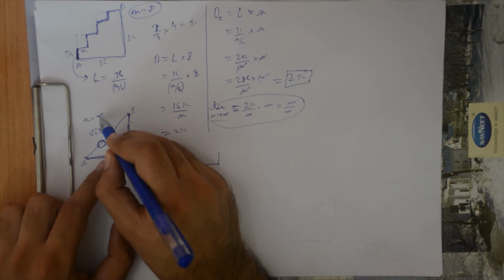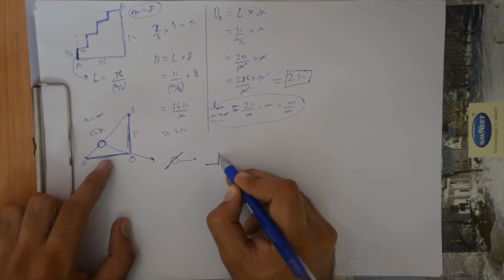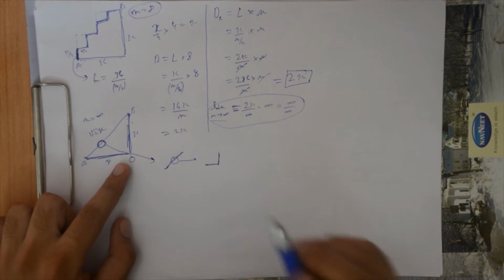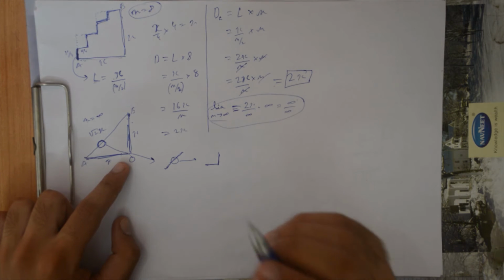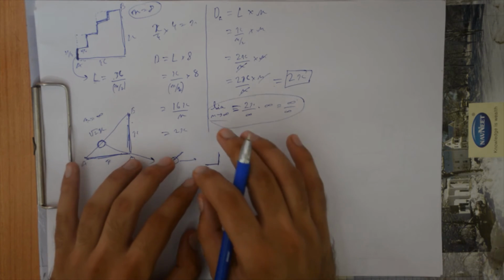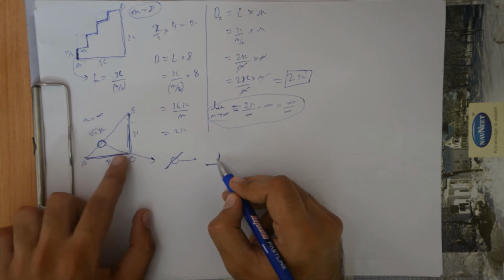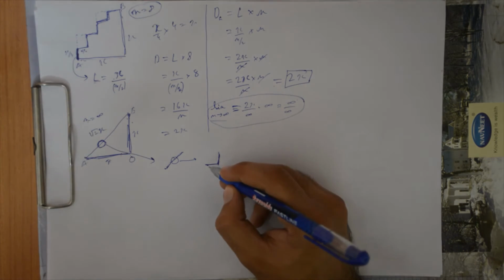Even at n equals infinity, the paths would always be parallel to AO or OB, because of our constraints, these paths are parallel to either side of the triangle.